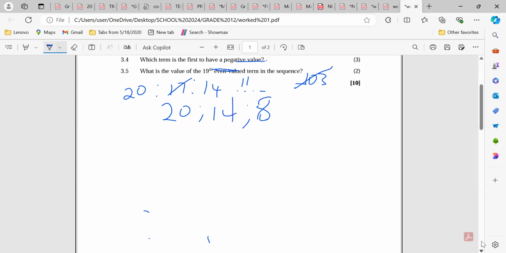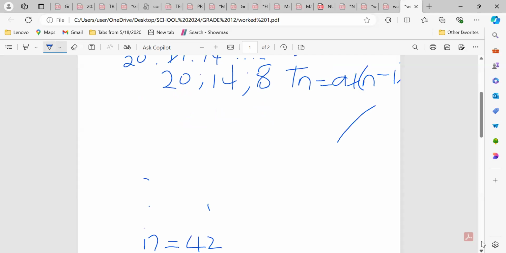So now there's this formula. The end, right? So we're looking for T19 in the new sequence.